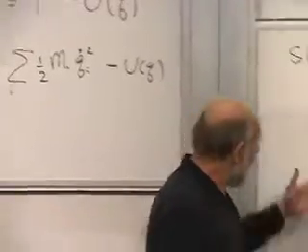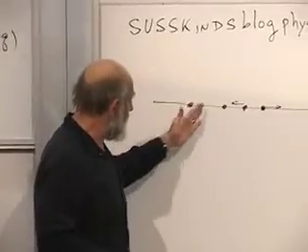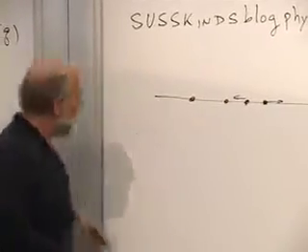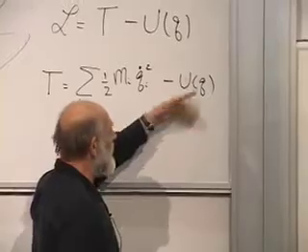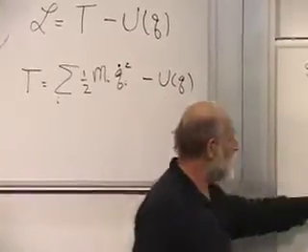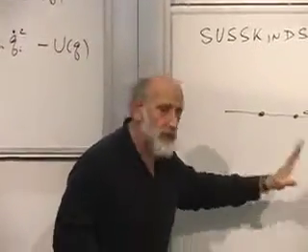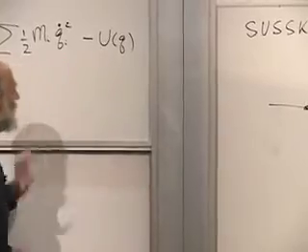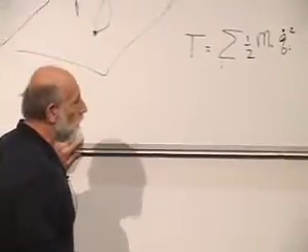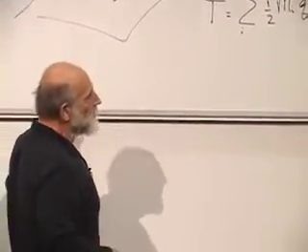It would not itself be a sum over individual particles in general. For example, there might be forces between pairs of particles. In that case, the U might come from a sum over pairs of particles, but in general, it's just a potential energy which depends on the positions of all the particles. This is a simple example coming from the mechanics of particles.